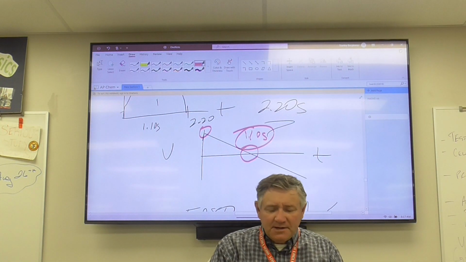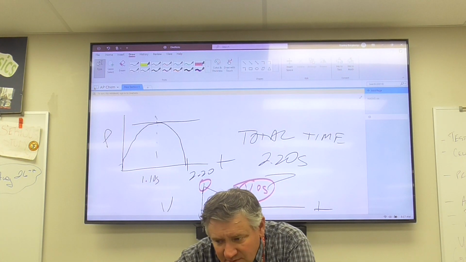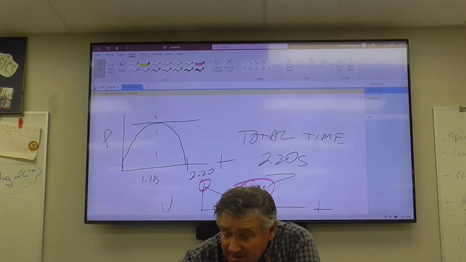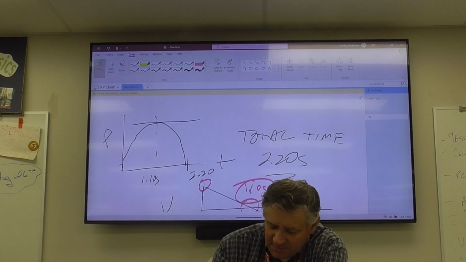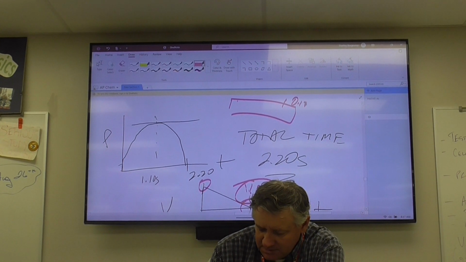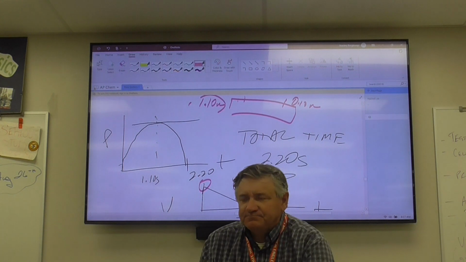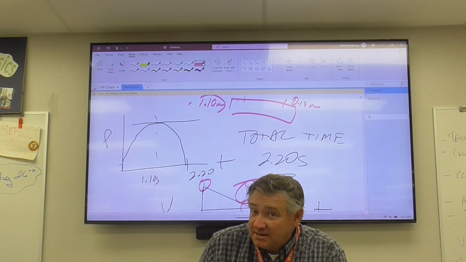Now, let's say the initial position of the cart is laid out in centimeters. Make sure you convert this to meters, by the way. Let's say at the bottom the cart is at 0.10 meters, and it goes up to 1.10 meters. Now, we're going to have to talk about displacement, not distance.